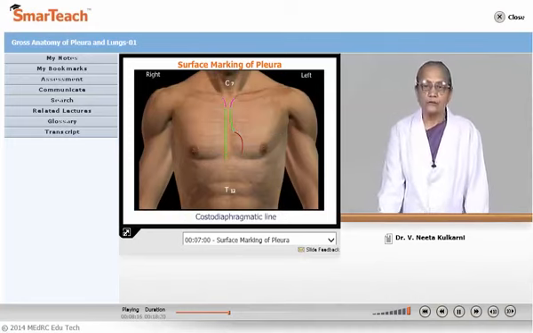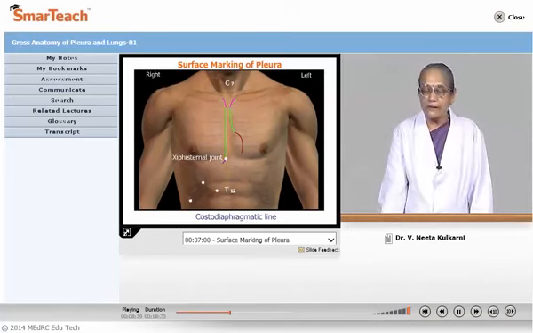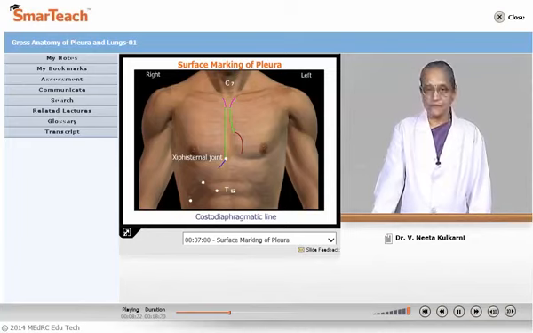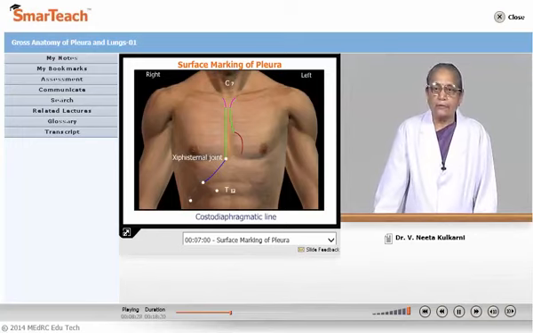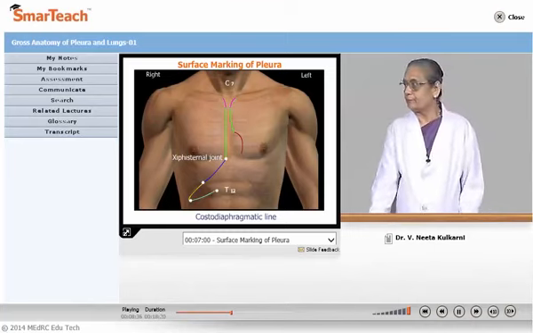Now, coming to the costodiaphragmatic line, on the right side, the costodiaphragmatic line begins at the midpoint of the xiphisternal joint and runs along the 7th costal cartilage. It cuts the 8th rib in the midclavicular line, 10th rib in the midaxillary line, and 12th rib in the scapular line.